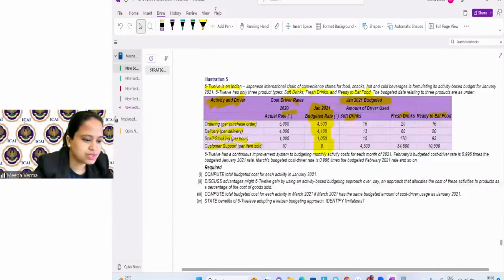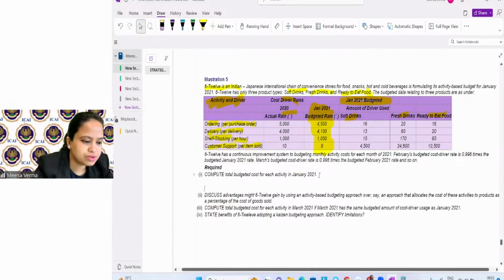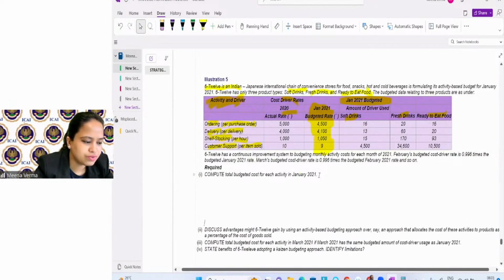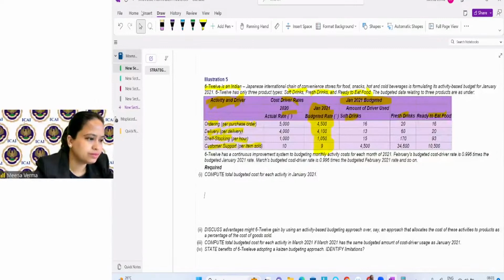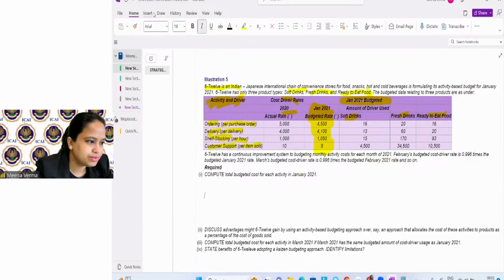Let's do this question. So the first question is: compute the total budgeted cost for each of the activity. I'm taking a table so that it will be easy for us.